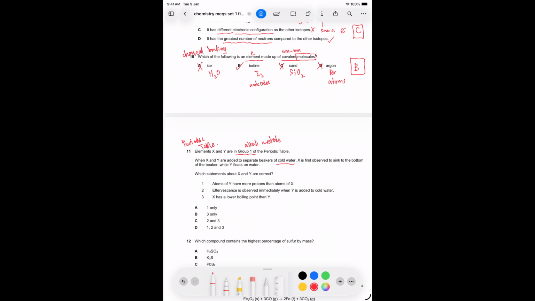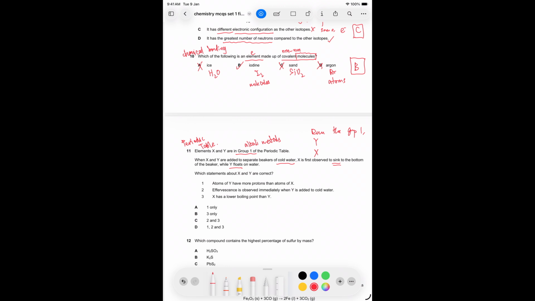X is first discovered to sink to the bottom, whereas Y will float. From this we can tell, as you go down group 1, the density increases. So if X sinks, X will be at the bottom, and Y will be somewhere higher than X.